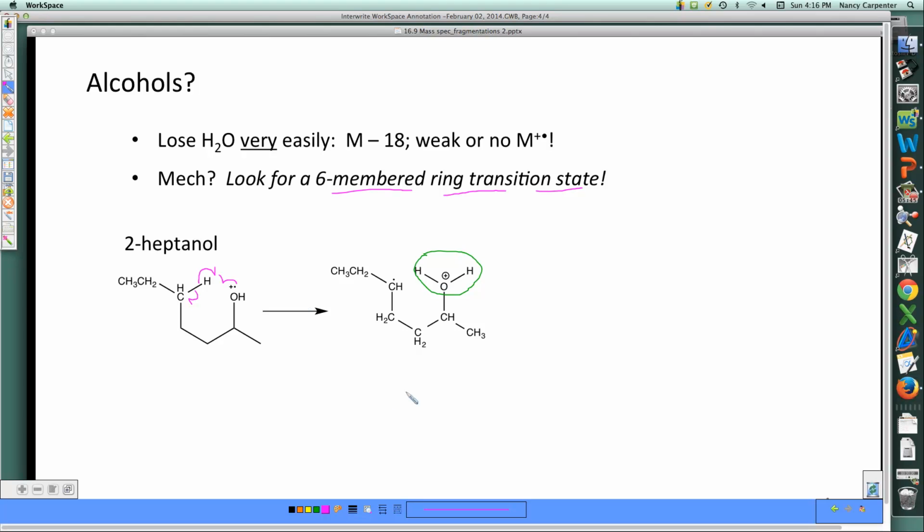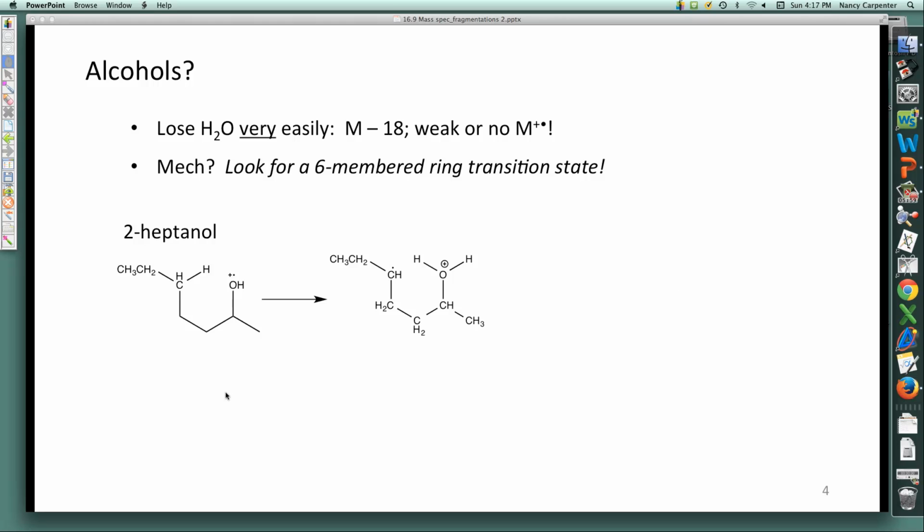That gives you the alcohol group, which now, the water, which now can, in a polar mechanism, that's why I'm making this a two-headed arrow, lose water to give you this species. Okay, well, what is this? It's a radical cation, so it can be detected at mass to charge 98, but it too can fragment.